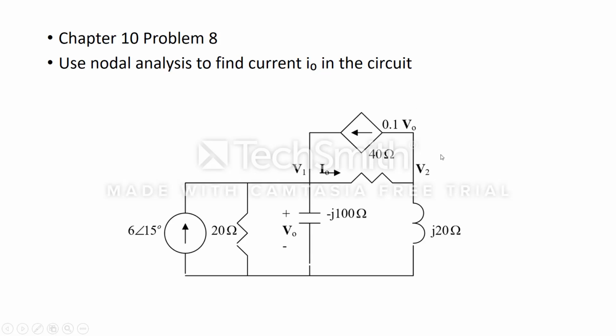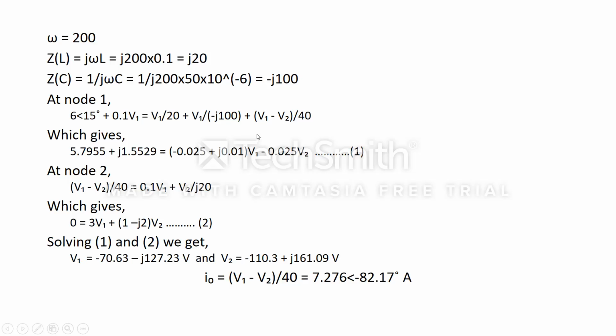That is the potential across this voltage source and the 0, that is the ground point over here, and the V2 over here. So the V2 minus 0 by j20, that is the resistance over here, so it is given as V2 by j20. So we have 0.1 V1 plus V2 by j20. On simplification, we get 0 equals 3 V1 plus (1 minus j2) V2. This is the second equation.